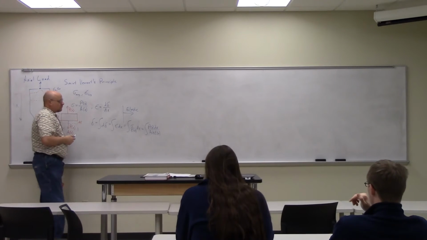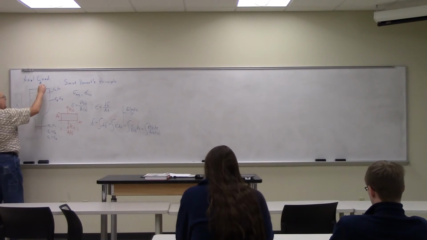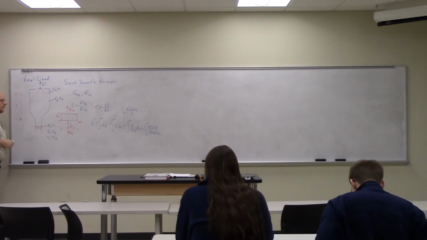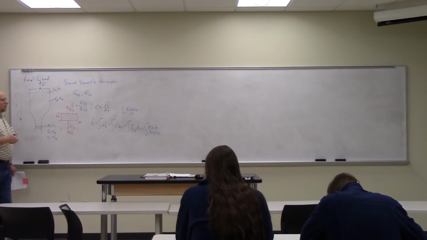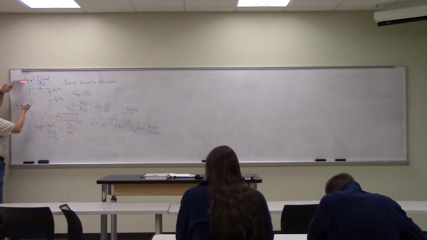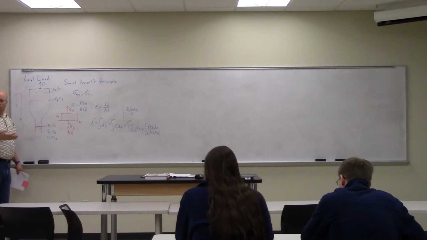P is the load. Yeah, sorry, I forgot to label that up here. Right, so P is the load that's applied. But in reality, there are going to be sections of it that are all uniform.